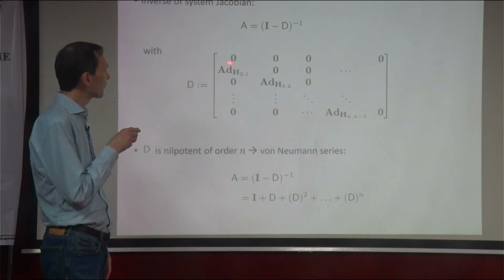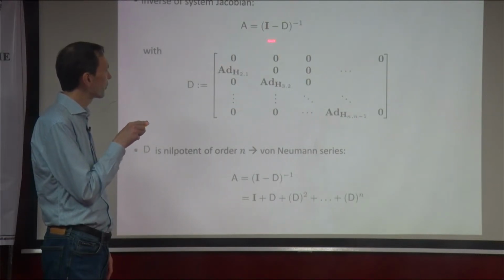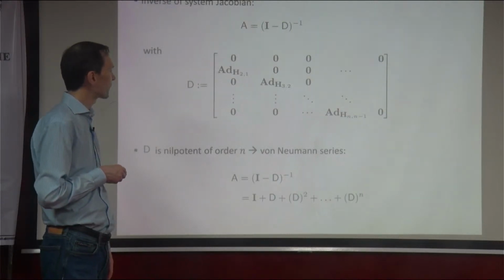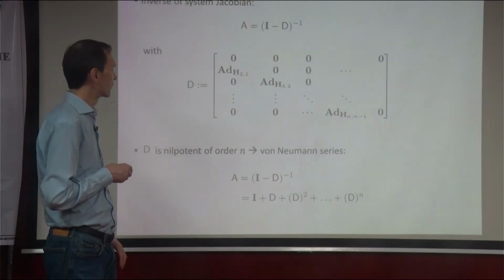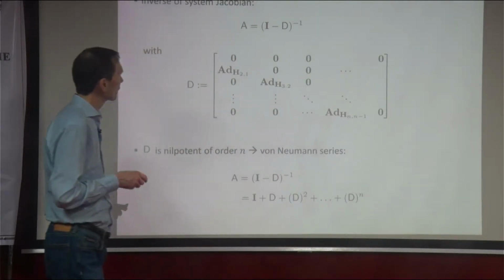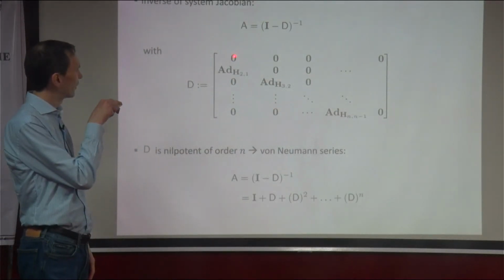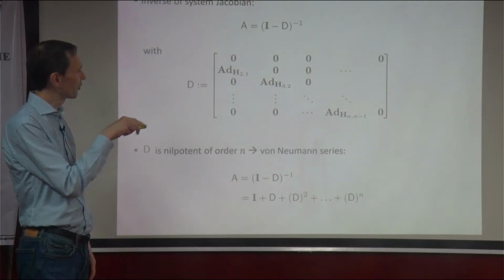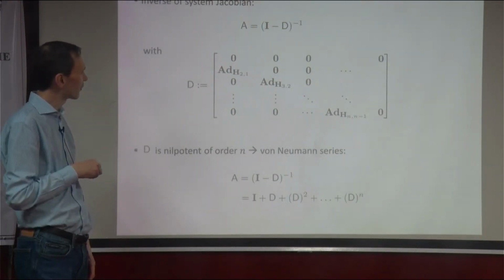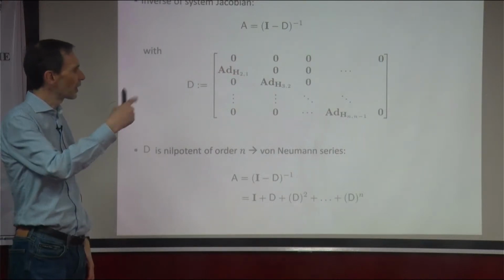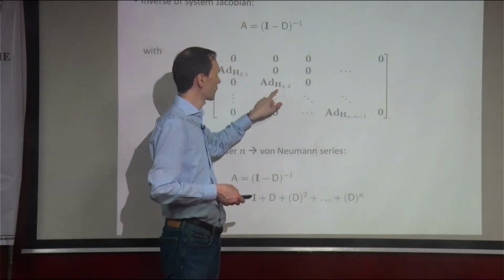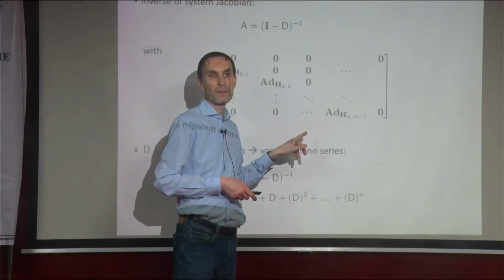And the inverse, you can write as a power series. That might not be interesting at the moment, but it's interesting for later on. If you look at this matrix here, at the diagonal terms you have zeros. And the lower diagonal has all these relative transformations: from 1 to 2, from 2 to 3, and so on, from n minus 1 to n.